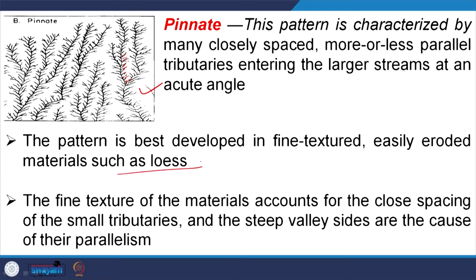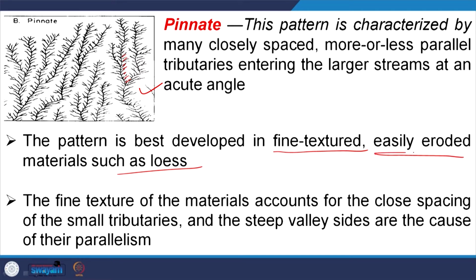So, here is the interpretation. It is fine textured material, it may be loess, it may be fine sand, silt, fine textured material, easily eroded, easily erodable. So, that means gully type of development will be there, gullies or valleys type, which we remember from our last class when we were talking about rills, gullies and valleys.